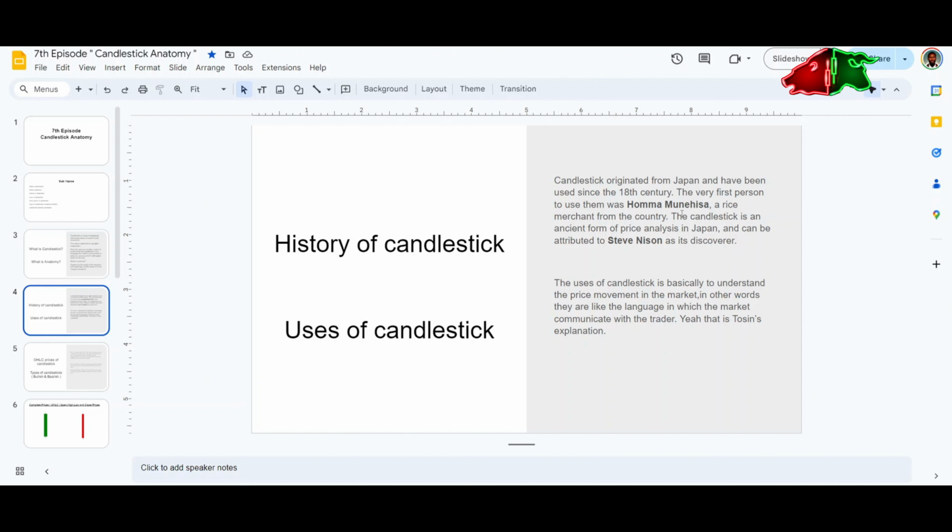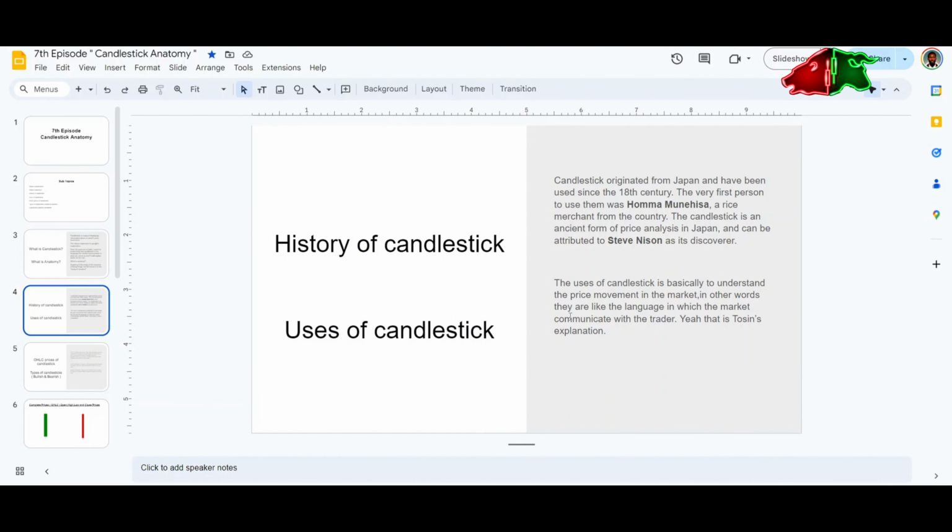So this man should be given a lot of credit, because the work that candlestick pattern is doing for us Forex traders is amazing. And the man that brought it from Japan to the Western world, we say thank you, sir.